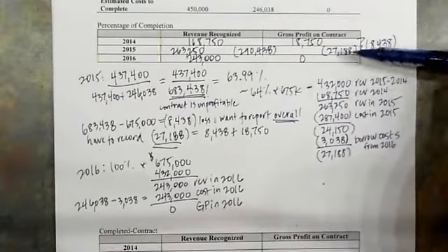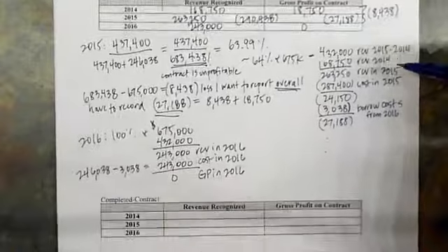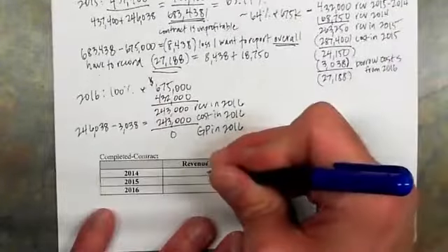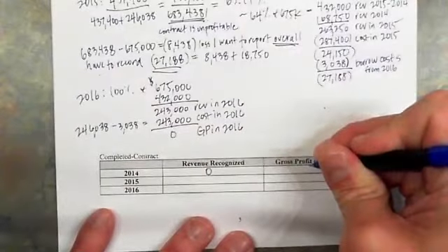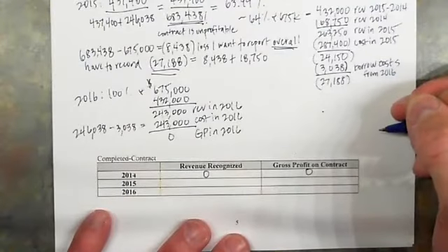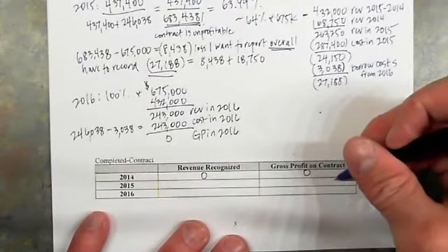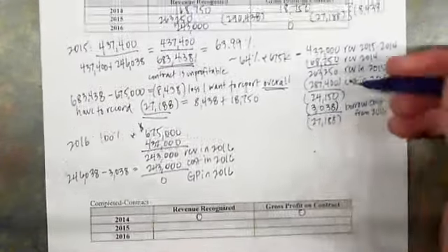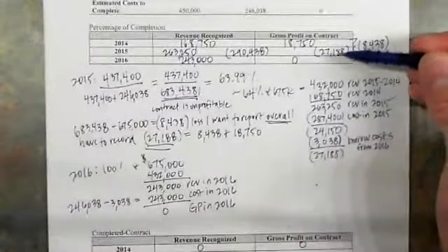Now, it is worthy of bringing up the completed contract method again, because this is a little different. Right? The completed contract method wouldn't have recognized any gross profit or revenue in this year. However, they would recognize the loss in this year. They would still want to recognize that loss. Now, they don't have to recognize $27,188.